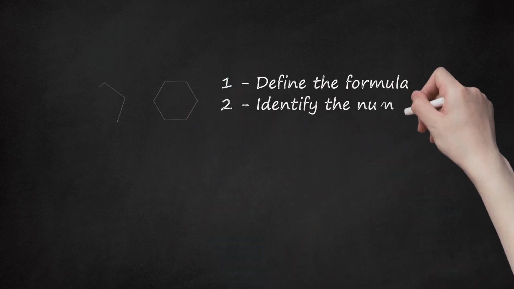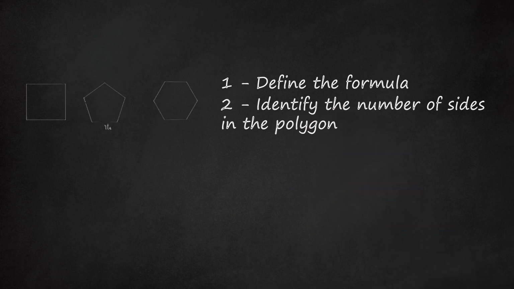2. Identify the number of sides in the polygon. To use this formula, you must identify the number of sides that the polygon has. The number of sides is given in the name of the polygon, you just need to know what each name means. Here are some common prefixes you will see in polygons.